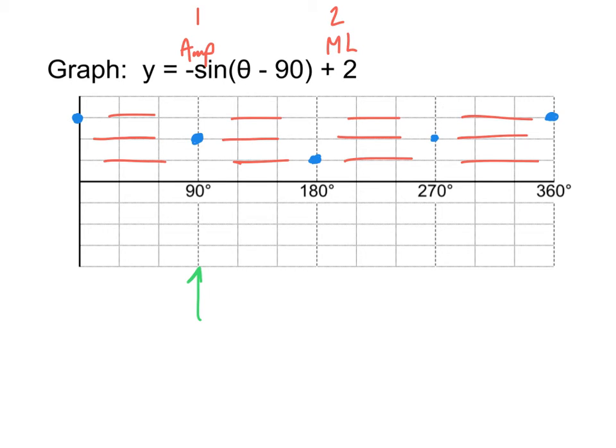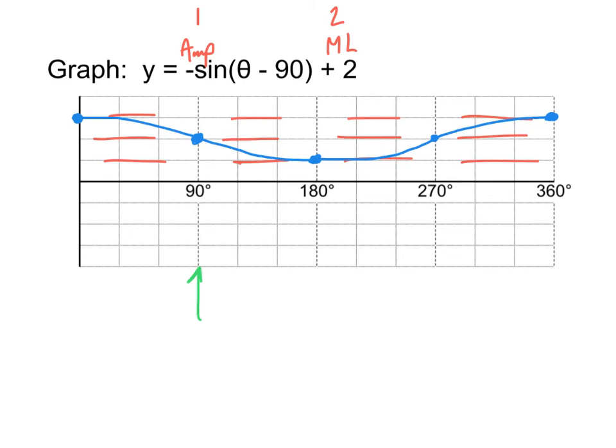Now that I've drawn in those points, I can go ahead and draw the curve that goes through them. And so this is what you should be looking at with your final graph. One thing that's a bit interesting when we take a look at this graph: if you were just looking at it and you didn't know what equation gave it to you, you'd probably think it was a cosine function, right?